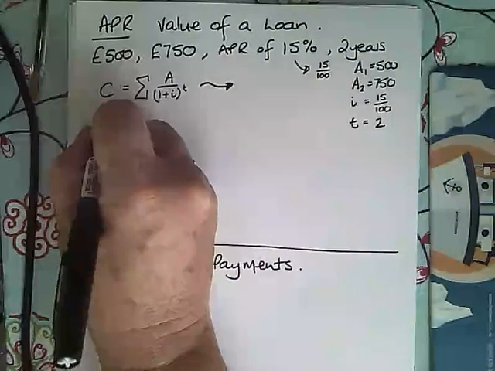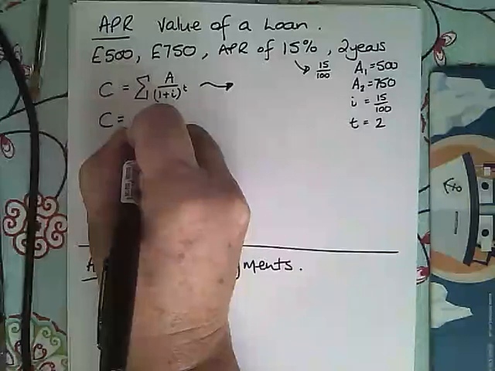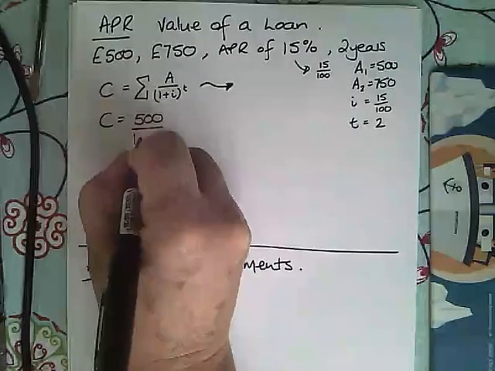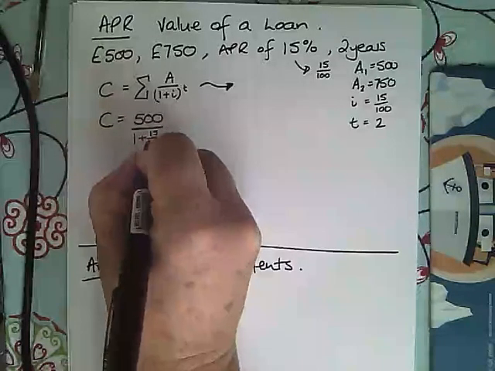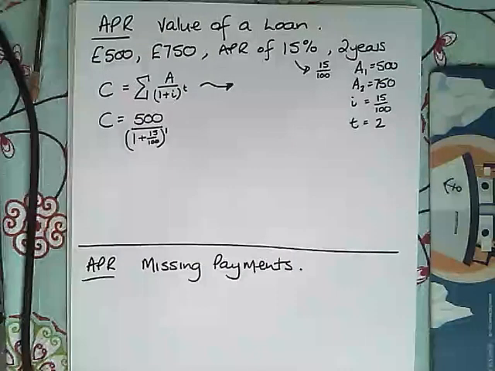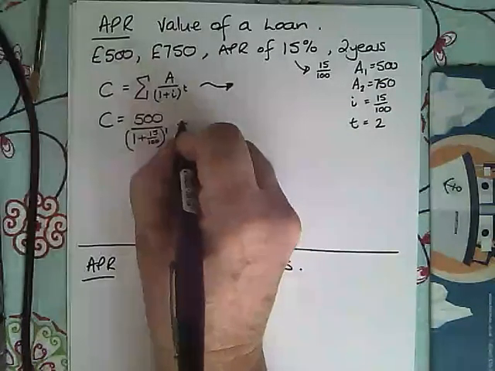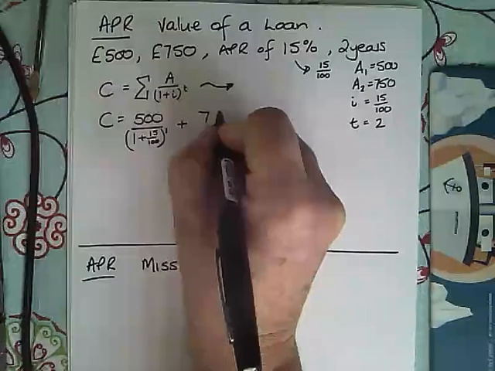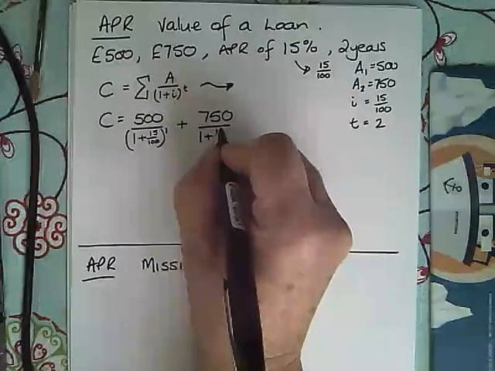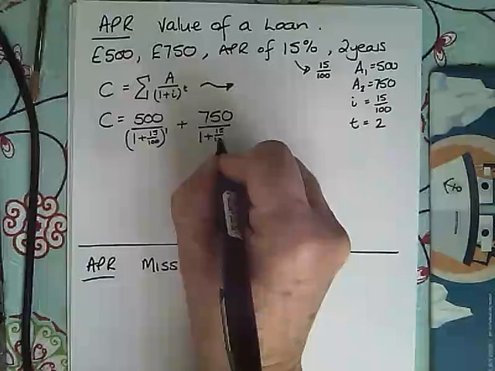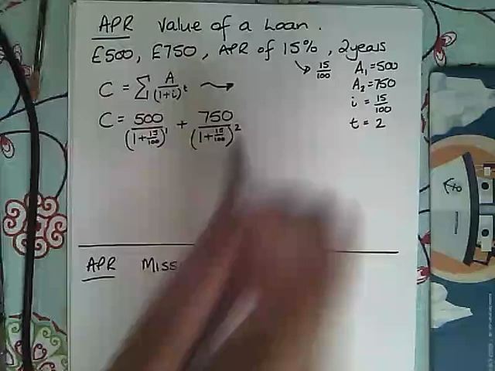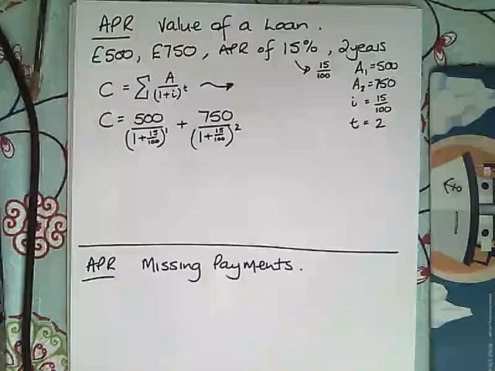So we are going to write that is equal to 500, the first payment, over 1 plus 15 over 100, that's the interest rate, and that is to the power 1, that's to the first year. The second instalment, £750, over 1 plus the APR as a fraction, 15 over 100, and that is all to the power 2 because it's the second year.